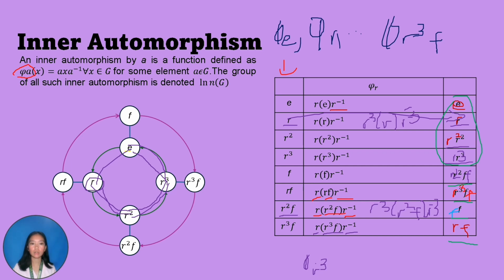Let's change our color. We have 1, 2, 3, and then 1, 2, and then flip, inverse 3 times, 1, 2, 3, and we have F. We can see that it indeed gets back to F. It means that it is the inner automorphism. And that's all for this video. Thank you for watching.